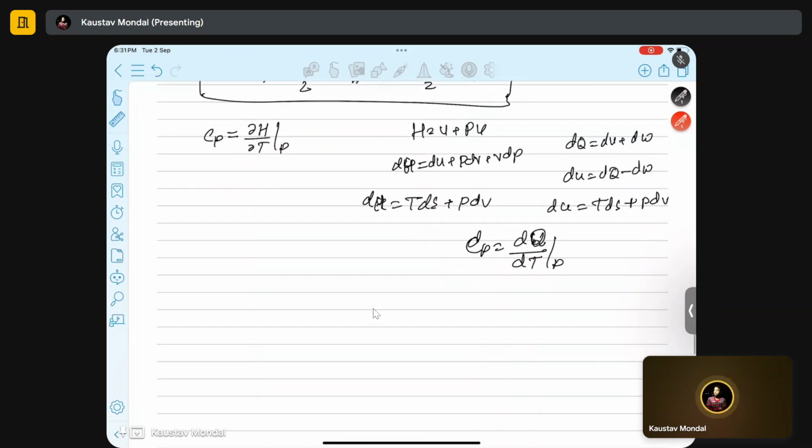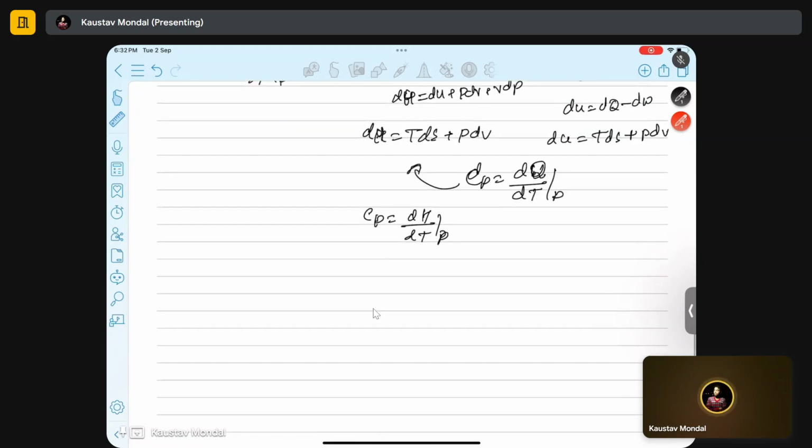So if you write in terms of dp, dq now becomes dH here, then this will become Cp equal to dH by dT at constant pressure, right? So this is how this whole expression is coming.